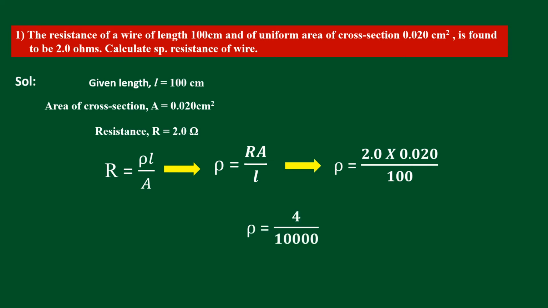Therefore, rho is equal to 4 by 10,000, which gives rho is equal to 0.0004 ohm centimeter. Let us move to another problem.